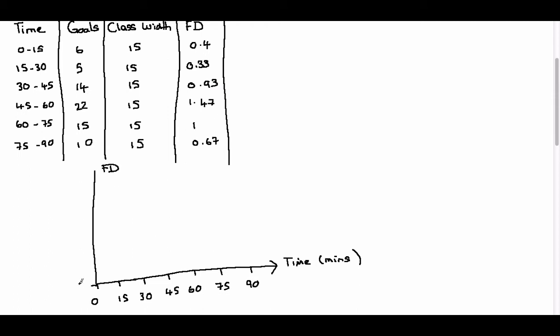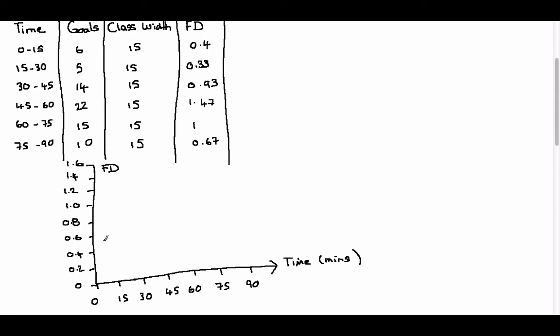So that's 0, 0.2, 0.4, 0.6, 0.8, 1, 1.2, 1.4, and then we'll go up to 1.6.